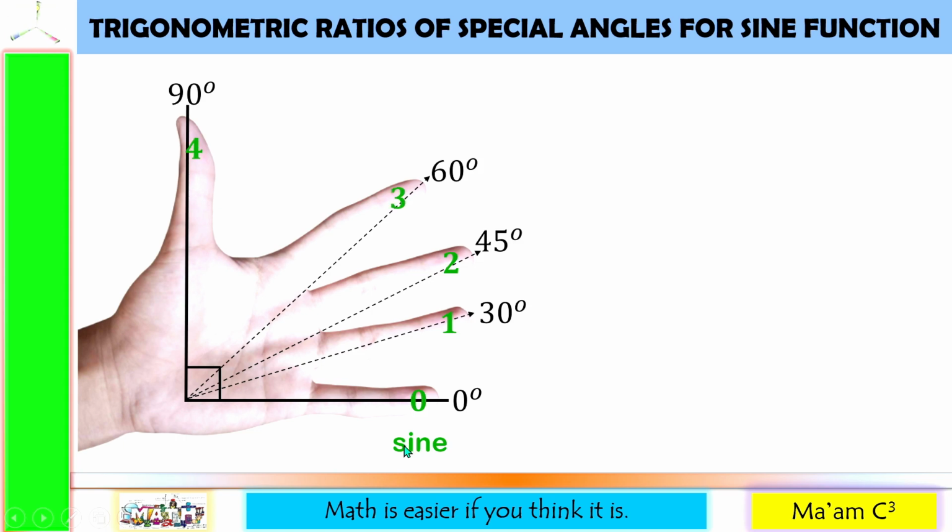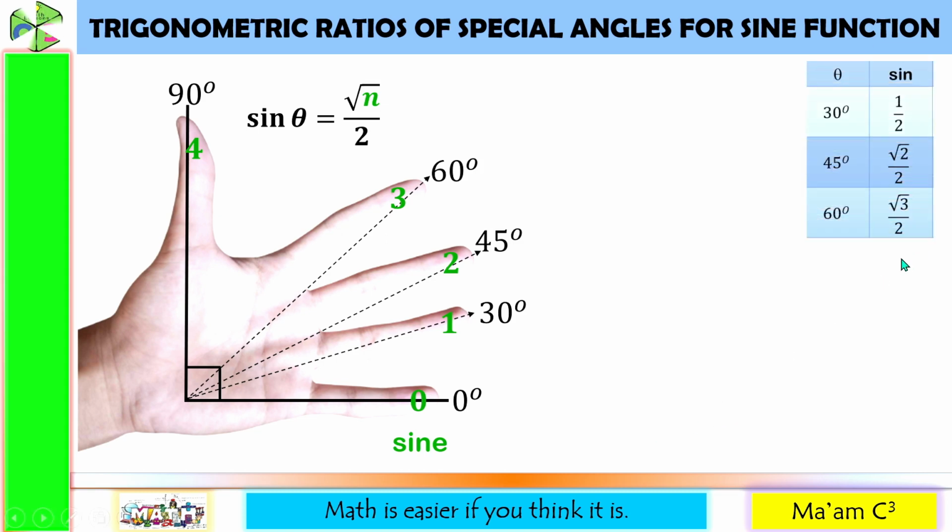And also, we're going to make use of the formula sine theta is equal to square root of n over 2. Let us recall the trigonometric ratios for sine from the table I showed you earlier. And let us start with sine 30 degrees. So our formula would be the square root of n over 2, where n is the number assigned to our fingers.